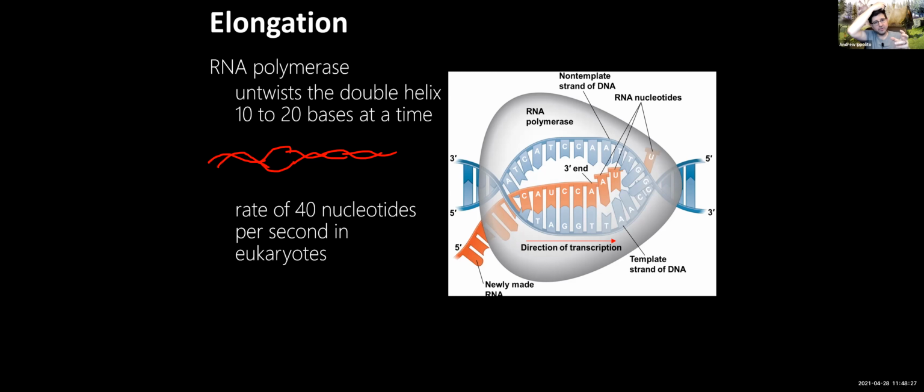So the polymerase is more like, think of a rug that has a marble underneath it, and the marble's rolling under the rug. So it's moving the rug, and then as it leaves, the rug settles again. So the DNA untwists and then it goes back together again. There's helicase activity, but you don't have to know any of that.